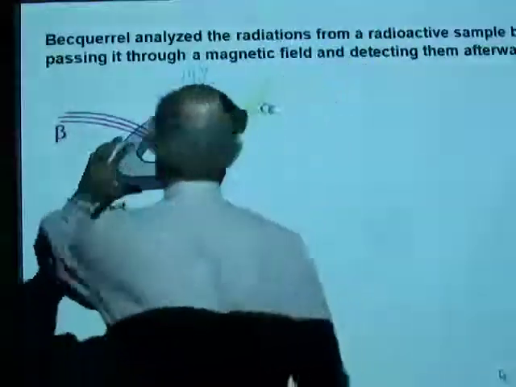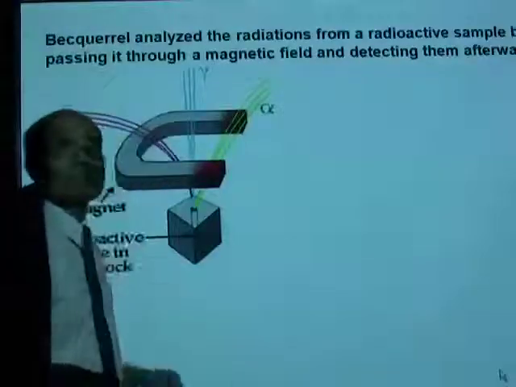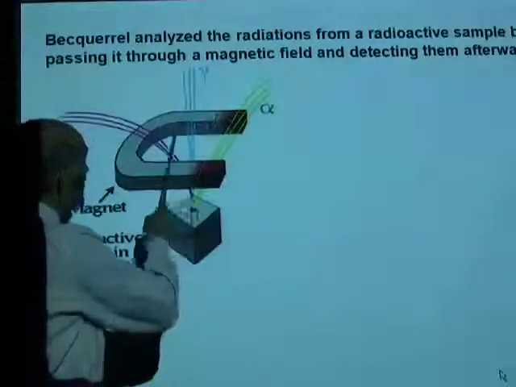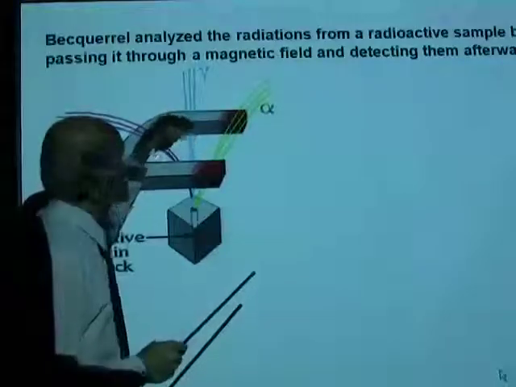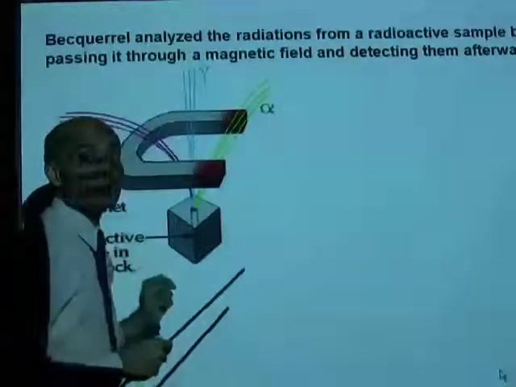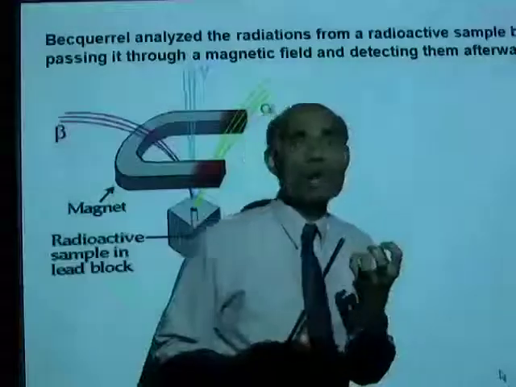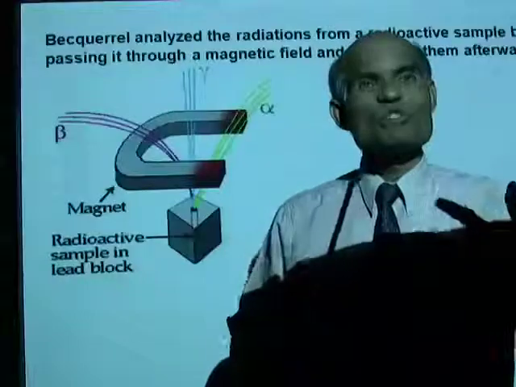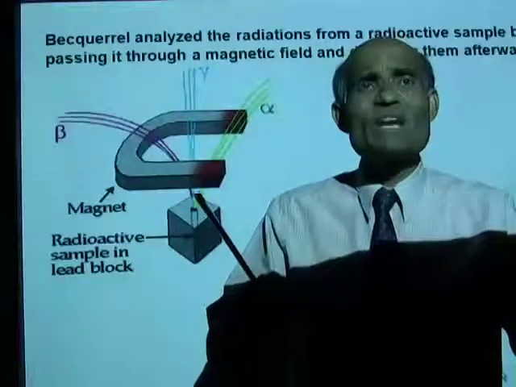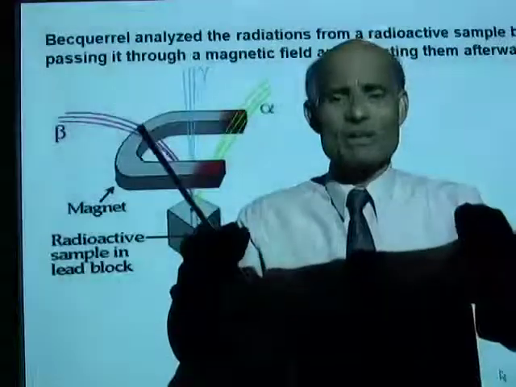Here I have a simple experimental setup that Becquerel used. This is a magnet. That means in the region between the pole pieces of the magnet, there is a very strong magnetic field. So the first thing Becquerel did was to subject these radiations to a magnetic field.